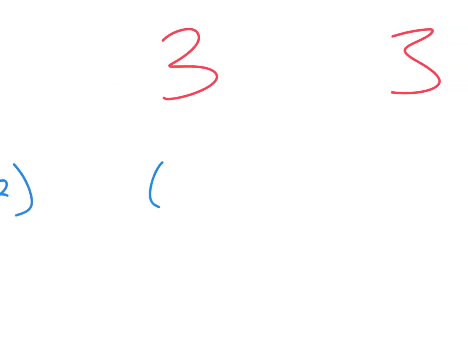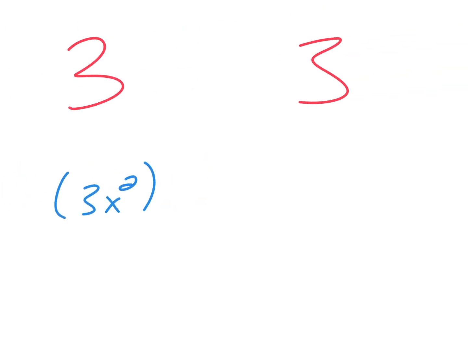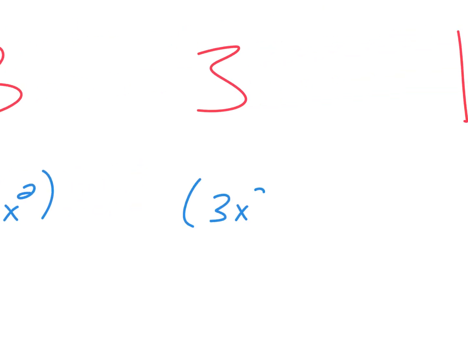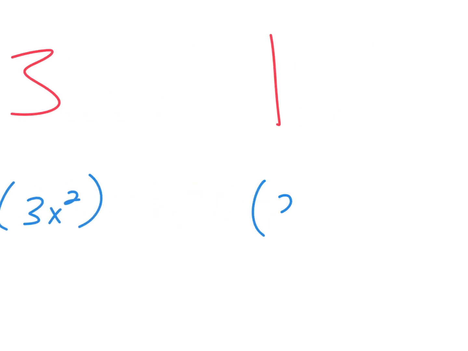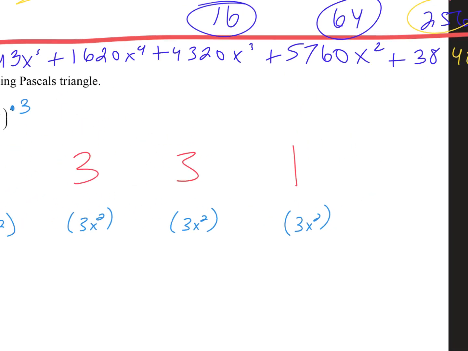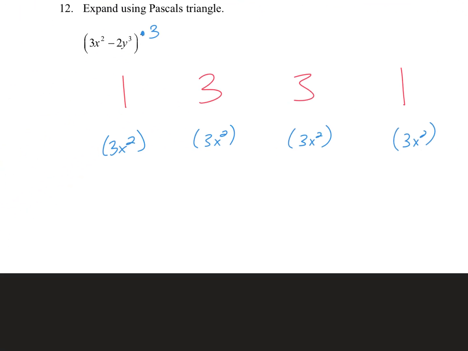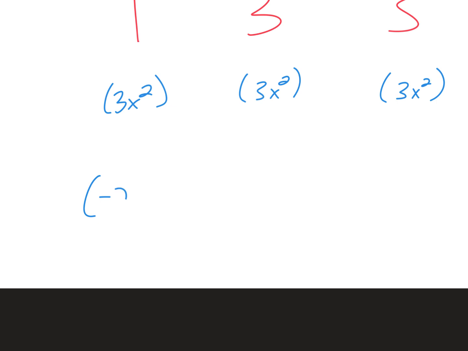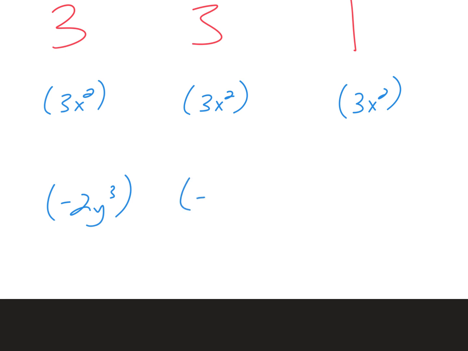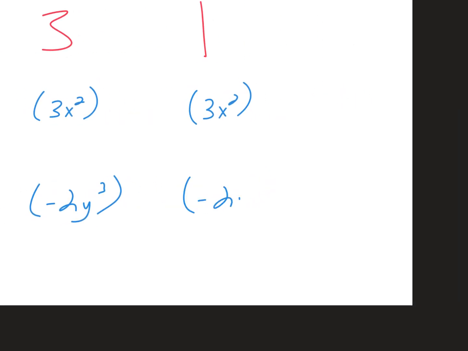Write that down under each one. 3x squared, 3x squared, 3x squared. All right. What is the second term? Negative 2y cubed, okay?